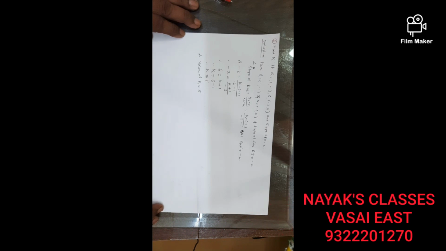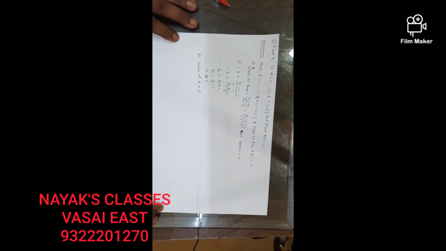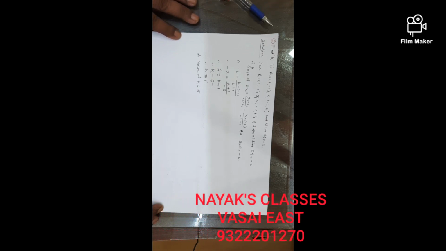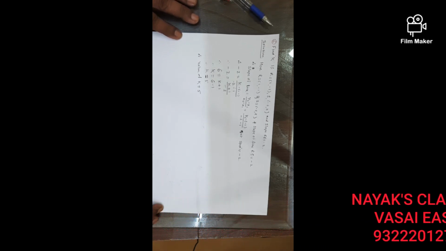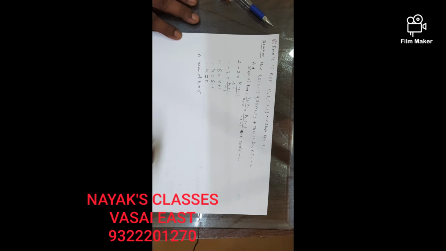So students, we are starting the sixth example of exercise 5.3. Here one unknown coordinate has been given.